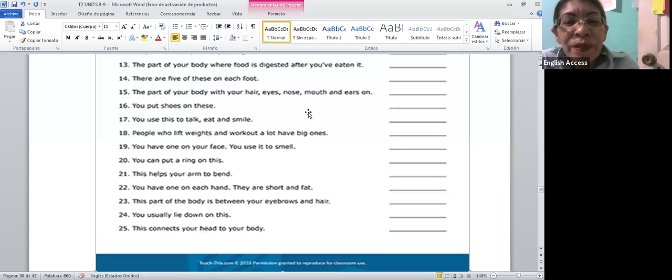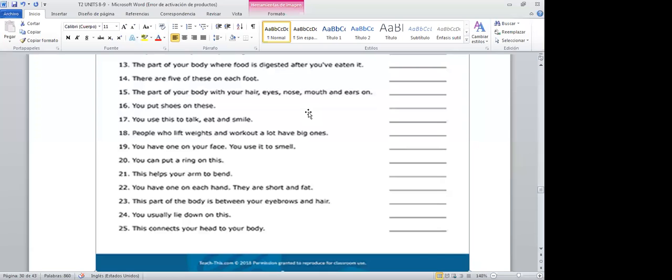18. People who lift weights and work out a lot have big ones. What is it? Arm?